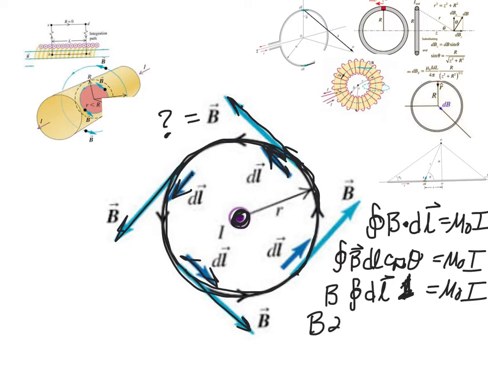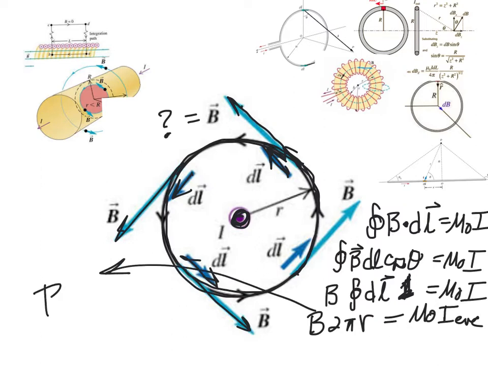So the integral becomes 2 pi r, and that's equal to mu naught times the current enclosed, which is the current in the wire. Then when I divide that out, I end up with B equals mu naught I over 2 pi r. That's the result that we've been familiar with. Sometimes we call it A, or sometimes I call it S, but it's always the distance from the wire to the point where we're calculating the field.